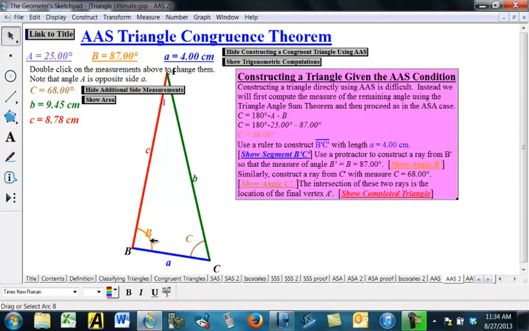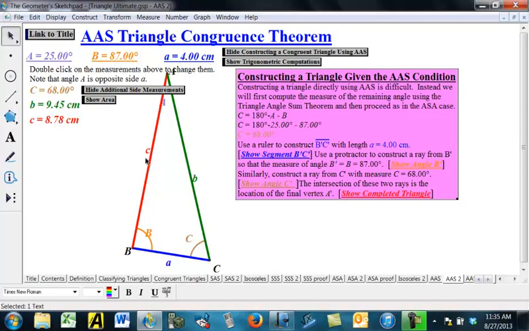On one side do the B. You can choose the right or left side, but whatever one we label B, that's going to be angle B, 87, and then angle C is the one you computed at 68 degrees. The 25 degrees is up here at the top opposite the side A. And it turns out B is 9.45 centimeters and C is 8.78. So you should have measured this at about 9.5 and about 8.8.